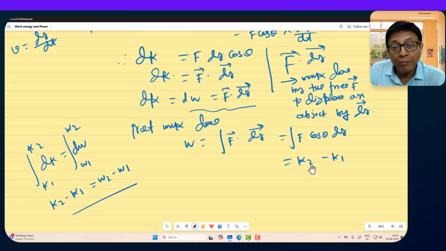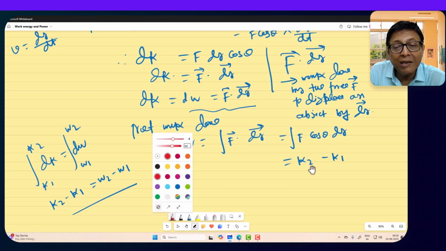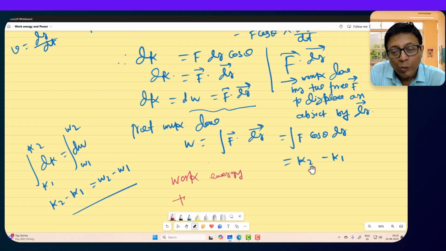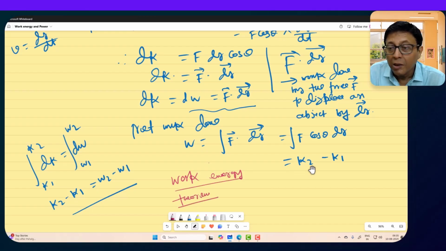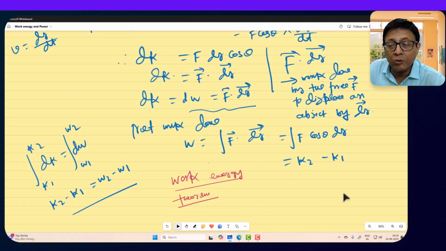Okay, some points need to be discussed. This will be referred to as the work energy theorem. But what about this force? Is this force only one force?